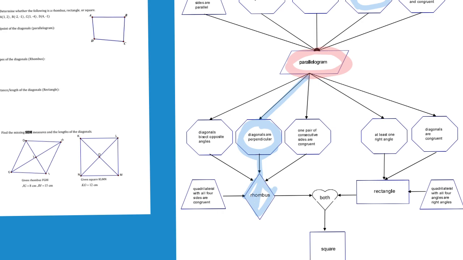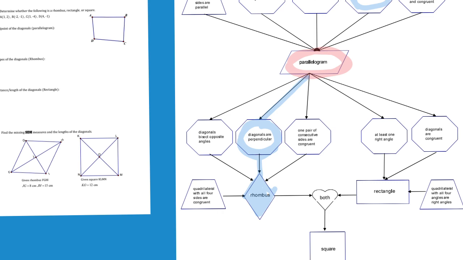A rhombus is basically a parallelogram with all four sides congruent, and the diagonals meet at a right angle. And yes, each angle gets bisected by the respective diagonal that chops it in half. So the easiest way is to find the slopes of each diagonal and see if they're opposite reciprocals of each other. That would show if it's a rhombus.